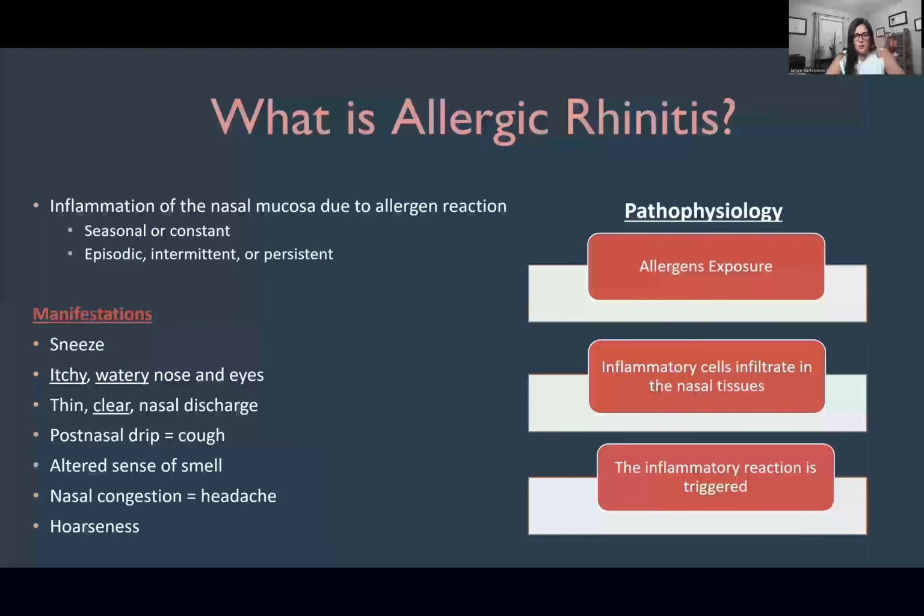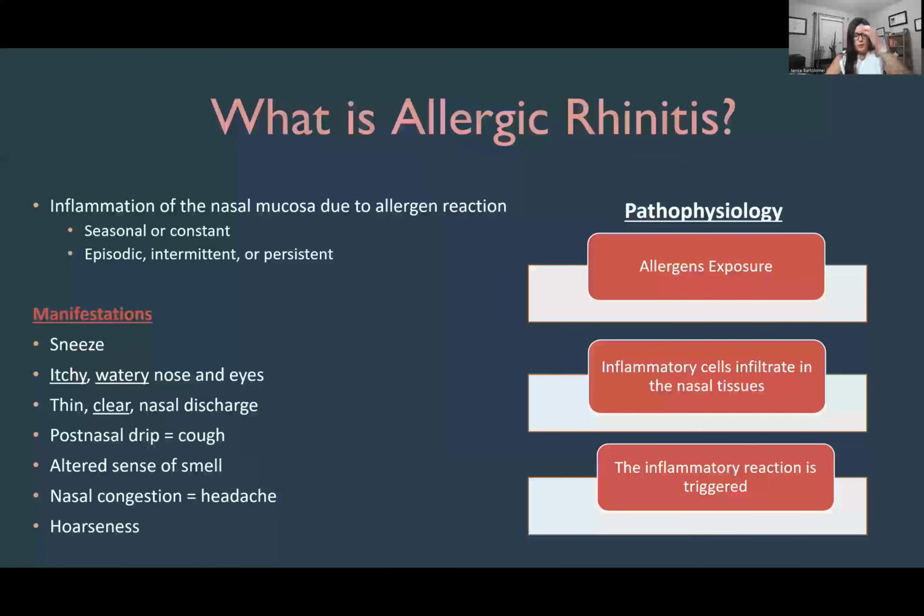So the first thing that we're going to talk about in the upper respiratory system is allergic rhinitis. This is your common allergies that a lot of people experience. It's an inflammation of the nasal mucosa, so the mucosa that overreacts to a specific allergen.